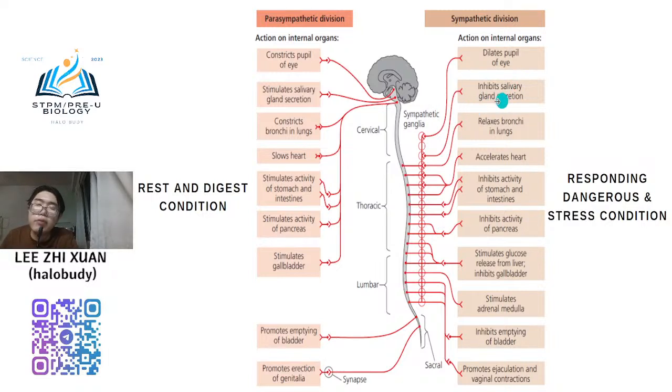Why? Because it already inhibits your salivary gland, and also relaxes your bronchus in your lung. You need to relax because you are very stressed. Then accelerate your heartbeat, and inhibit the activity of your stomach and intestine.